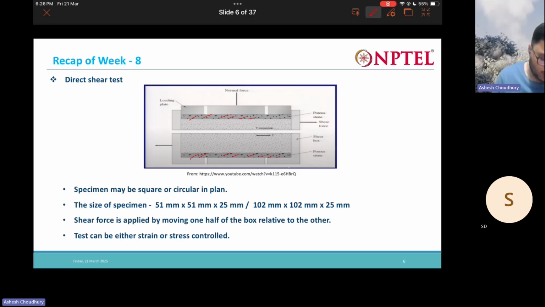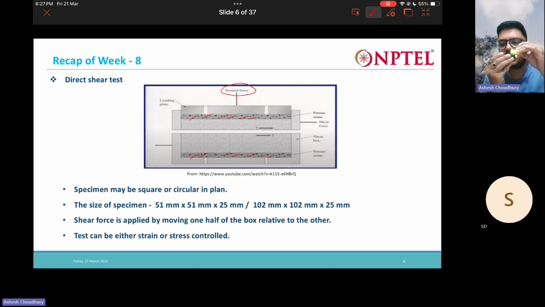So we have this shear box. In the shear box we put the sample, sandwiched between the porous stones, and then we apply a normal force on the top. Then we shear the box, so you have the lower part and the upper part.